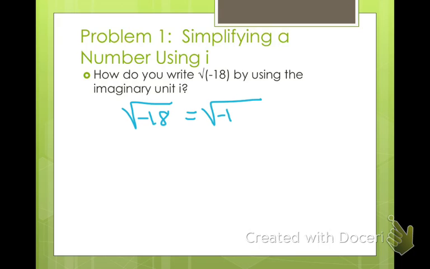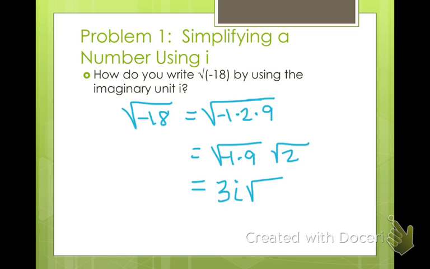Well, I have -1 times 2 times 9. 9 is a perfect square, right? So I'm going to put -1 times 9 in one box, and 2, or the square root of 2, in another one. The square root of 9 is 3. The square root of -1 is i, times the square root of 2. So 3i square root of 2 is the square root of -18 simplified.